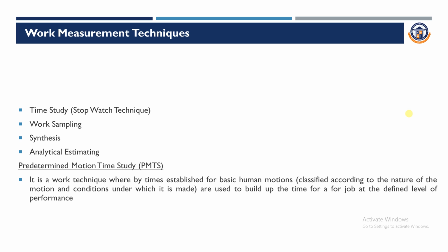It is part of the predetermined motion time study, PMTS method, a work technique whereby times established for basic human motions are used to build up the time for doing a particular job at a defined level of performance.